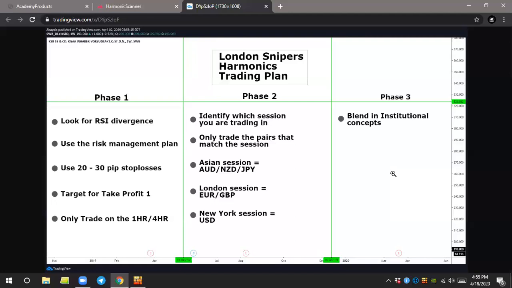These are Asian session leading pairs, okay? For London session, you're looking at Euro and GBPs. Then for New York session, you're looking at USD-based pairs, okay?